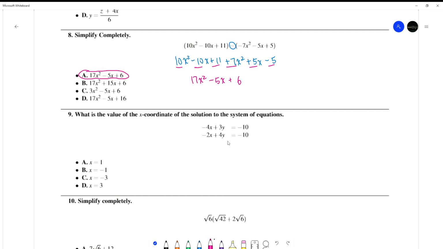So I only have to multiply the second equation by a negative 2, right? So just because they're asking for the x coordinate and we don't want to solve for the y coordinate. I mean, you can, but if you don't want to, you would have to cancel the y's out. Okay? So let's do that.